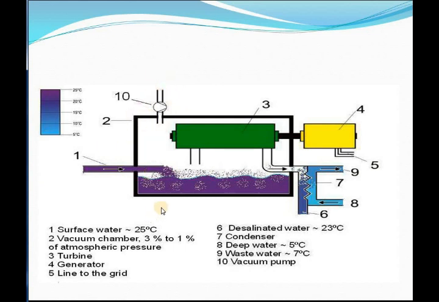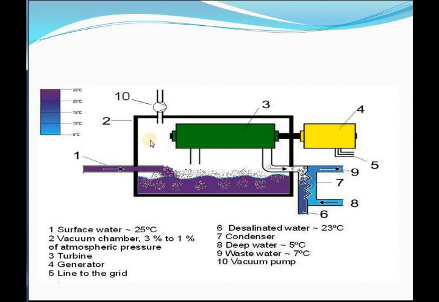Now if we see the working of the open cycle, warm water is used as the working fluid. The warm water is brought from the surface of the sea and flash evaporated, where the water is converted to steam.